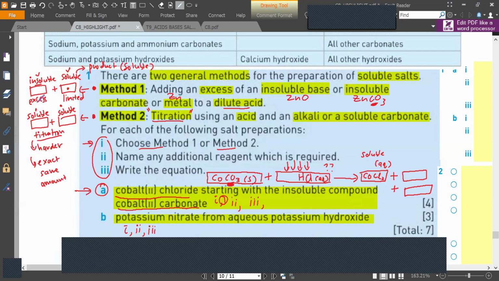The insoluble excess is no problem because we can filter to remove it.